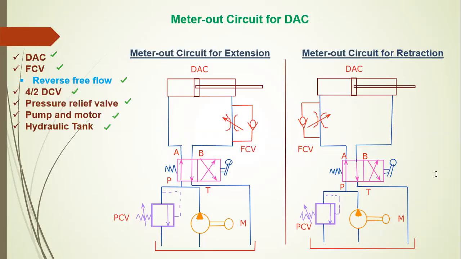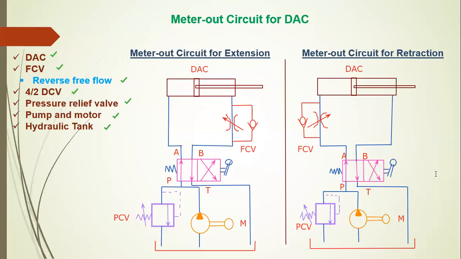This is the complete drawing for the meter out circuit for extension and the meter out circuit for retraction. Meter out control can be used for both opposing load as well as running away load.